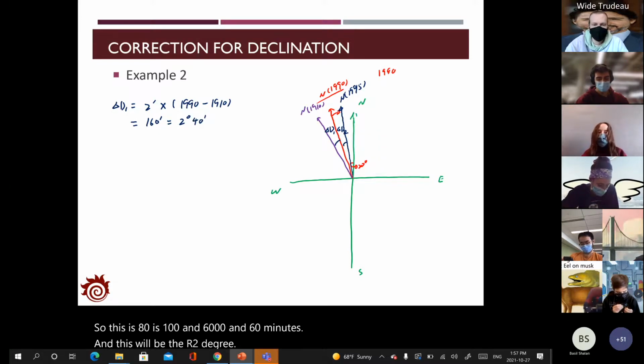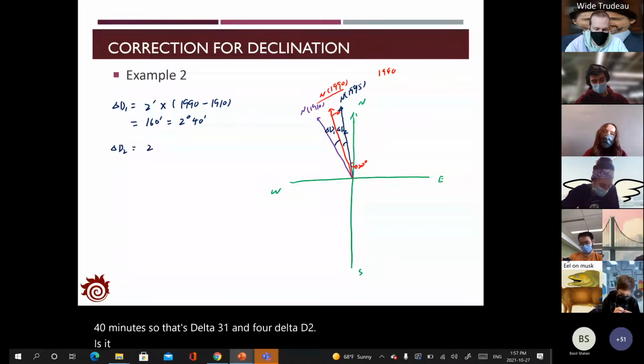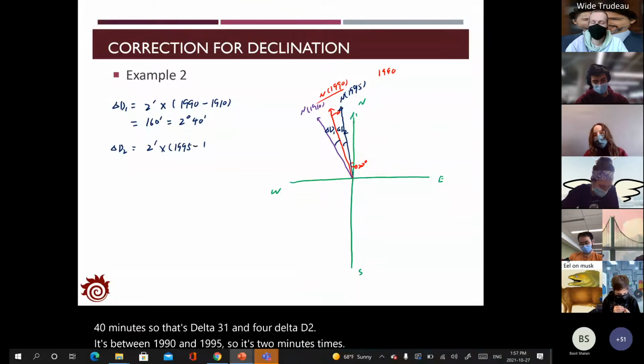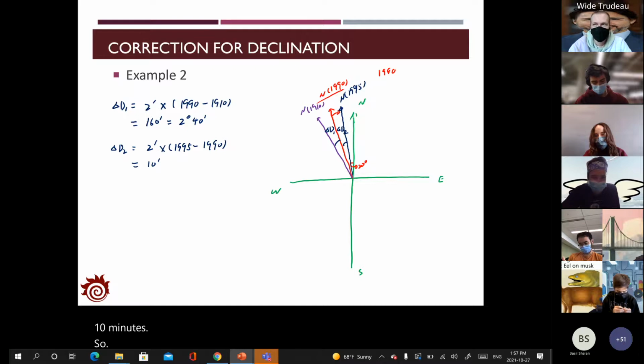So that's delta D1, and for delta D2, it's between 1990 and 1995. So it's 2 minutes times 1995 minus 1990. So that is just 10 minutes.